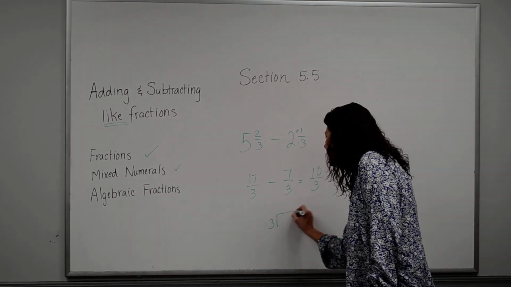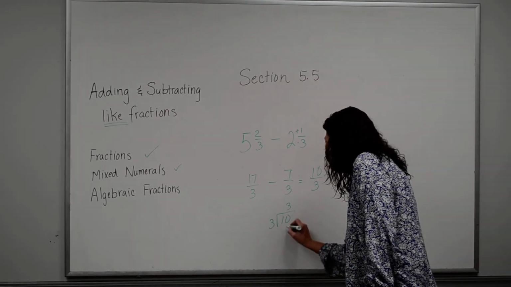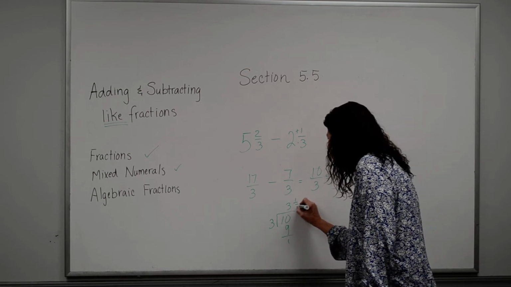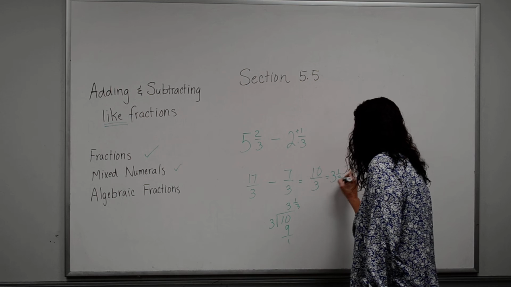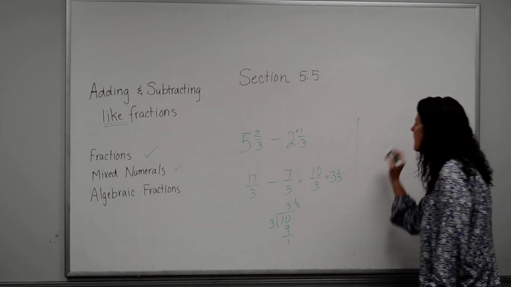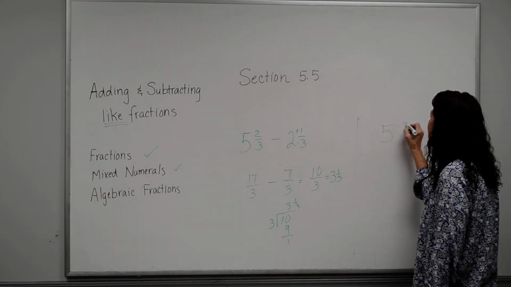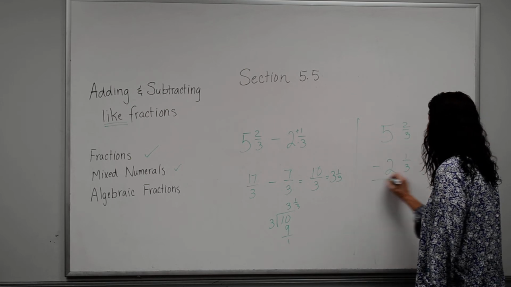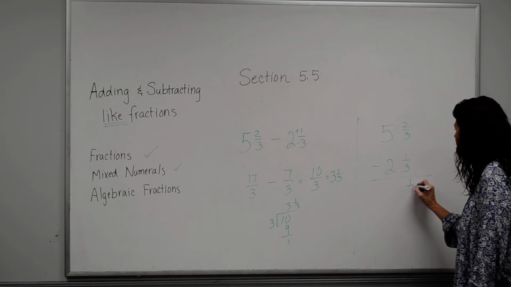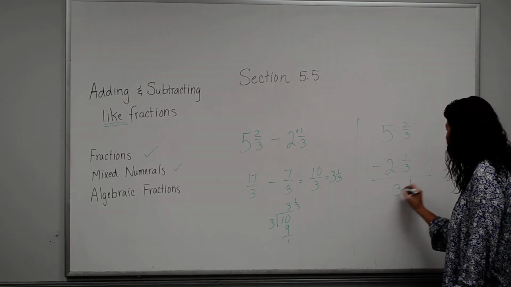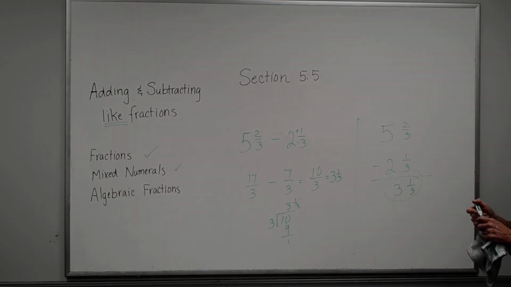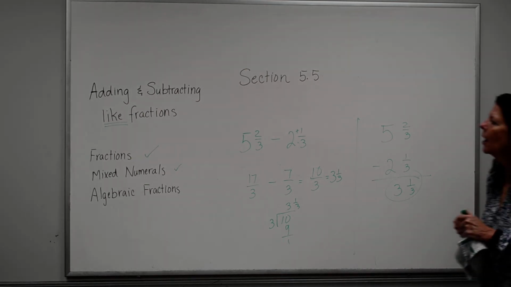Divide the 3 into the 10, and it gives me 3 1/3. That's method 1. If I did method 2, I have 5 2/3 minus 2 1/3, which gives me a 1/3 here and a 3 here. Now sometimes you've got to borrow on this, and that's what makes it a little bit more complicated.